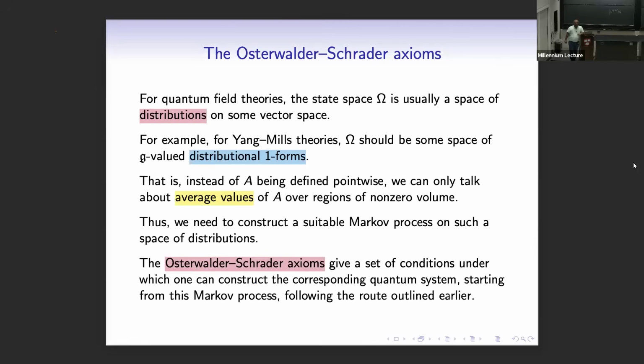Okay? And the Osterwalder-Schrader axioms give a set of conditions under which one can construct the corresponding quantum system starting from the Markov process. What I don't mention here is that they have a different thing which is called reflection positivity, and I don't have time to explain that. So reflection positivity is a different condition which is sufficient for recovering the quantum system.